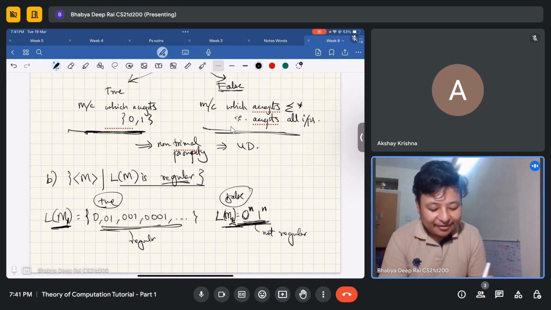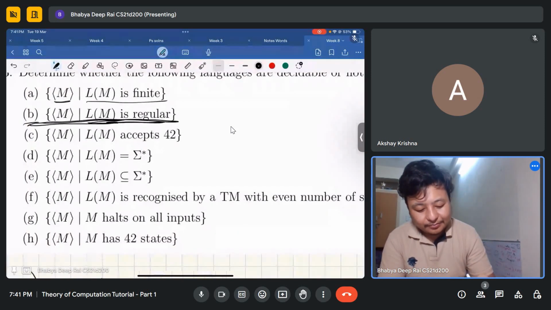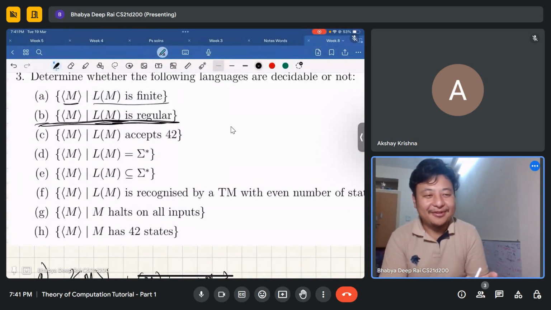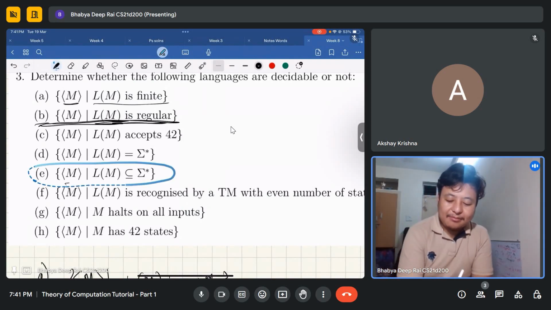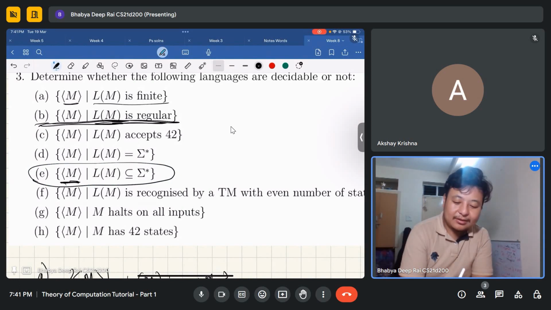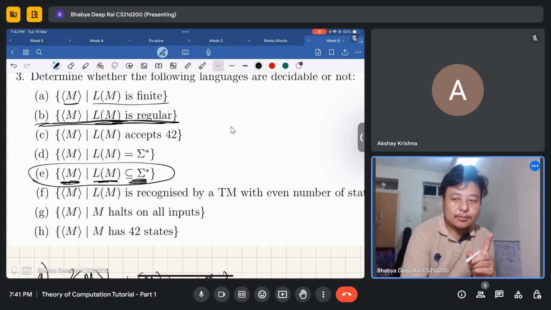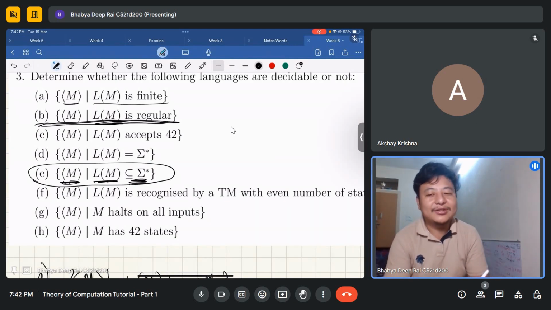Okay, I get where the confusion is. See, I'll give you an example of a trivial property. Look at E. M is a set of machines such that the language of the machine is a subset of sigma star. Now I ask you the question: is this property trivial or non-trivial?